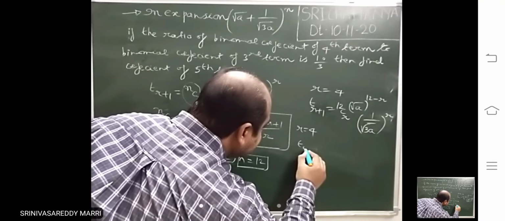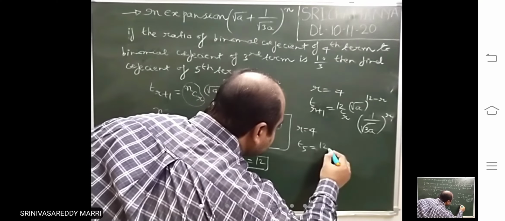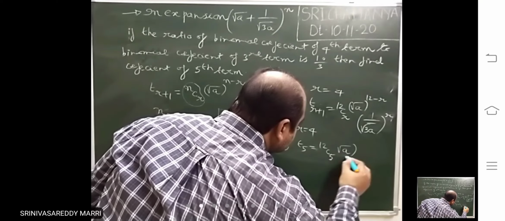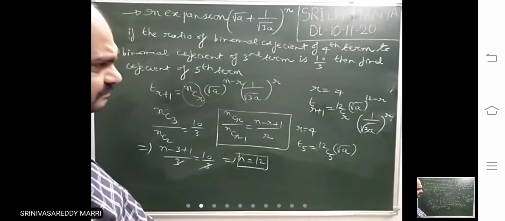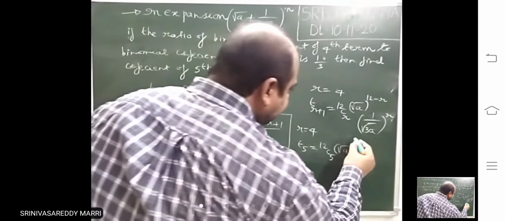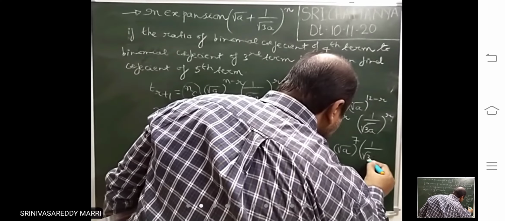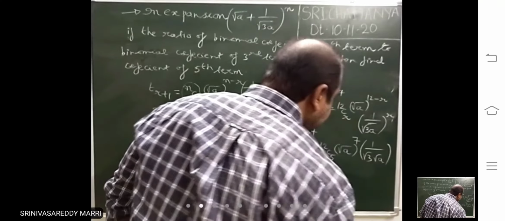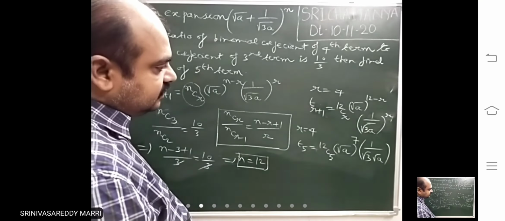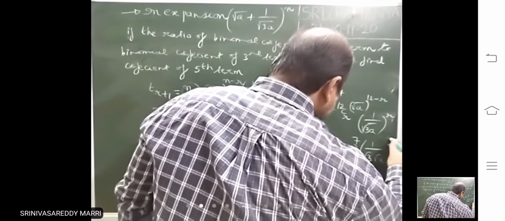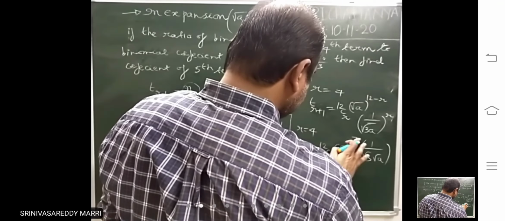That means T5 equals 12C4 into (root a) to the power 12 minus 4, that is 8, into (1 by root 3 into root a) whole to the power r equal to 4.